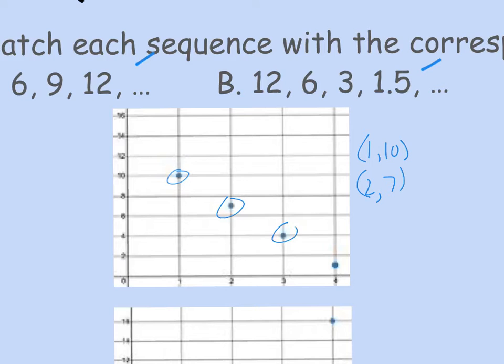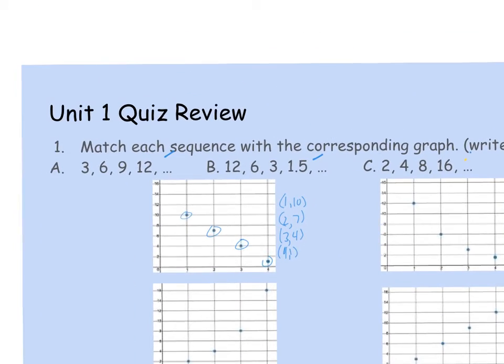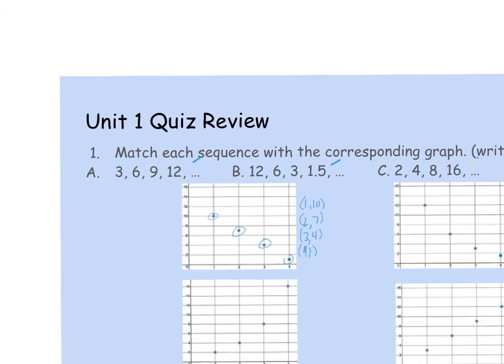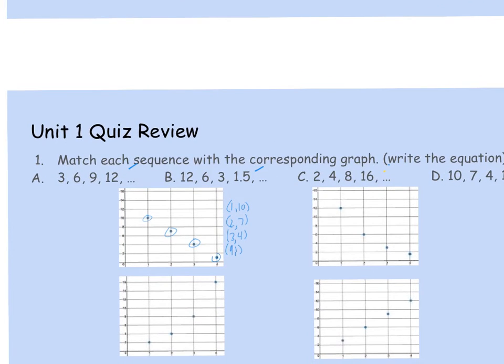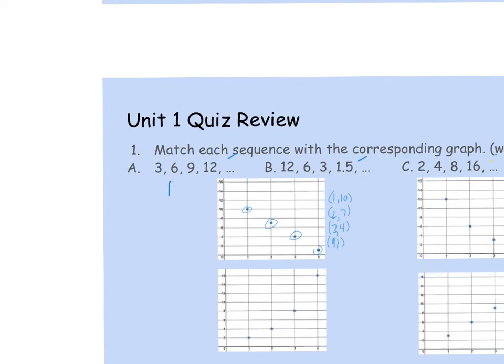And then we got 3, 4. And 4, that point right there is 1. Matching that up, 10, 7, 4, 1. It looks like it would be D, so we're going to say this is D.